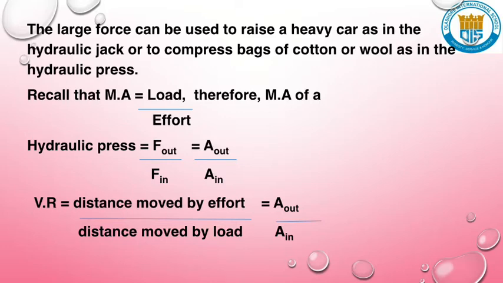Now, we also know that velocity ratio of a machine is already defined as distance moved by effort over distance moved by load. If we do that from the formula of the hydraulic press, it will give us the output area divided by the input area. And here we use that to get the velocity ratio of the hydraulic press.